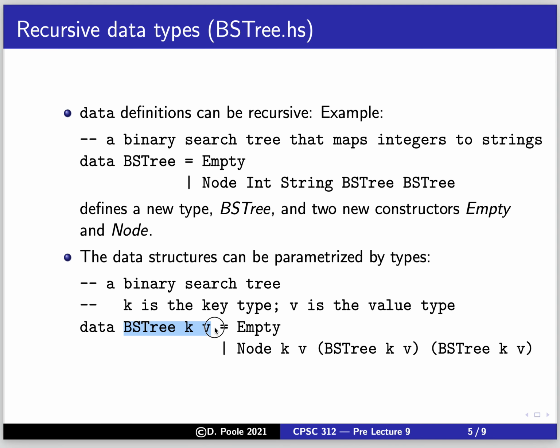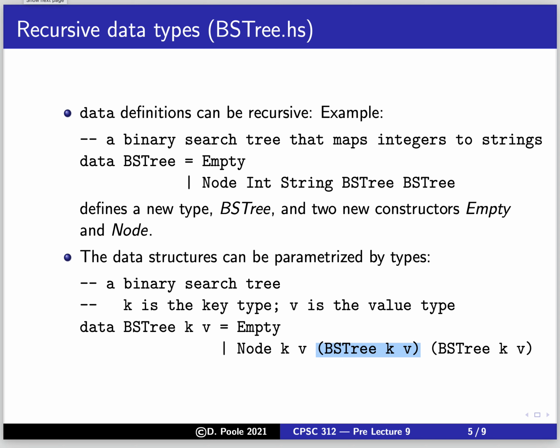And so now the type is this whole thing, BST k v. So the third argument has to be the BST of the same key and value, and this is the BST tree of the same key and value. Okay, so k is the key type, and v is the value type. And so now this whole thing, BST k v, is another type.